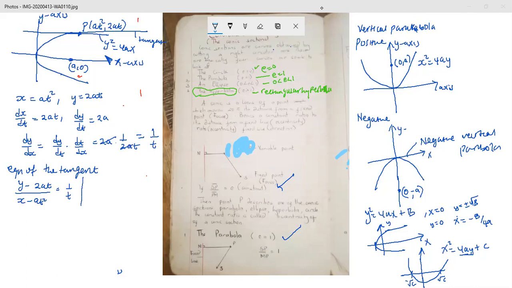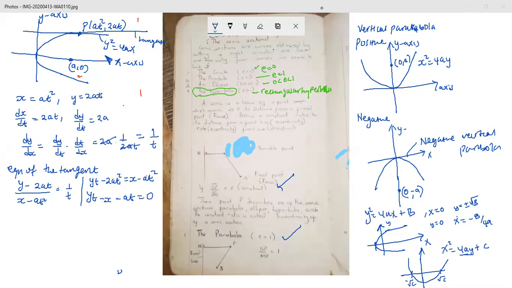On simplifying this, cross multiply, we shall get yt - 2at² is equal to x - at². So yt - x - at² is going to be equal to 0.